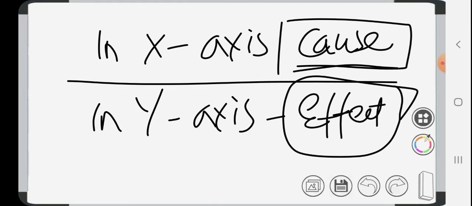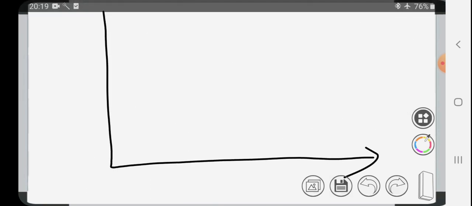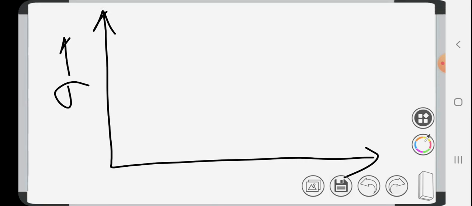This internal force divided by area is stress. So strain causes stress. Okay. So strain must be plotted on the x-axis, and stress must be plotted on the y-axis. So here sigma on the y-axis, strain on the x-axis.